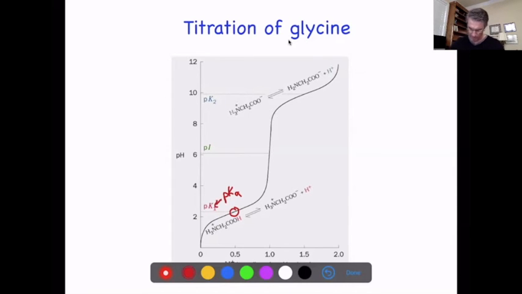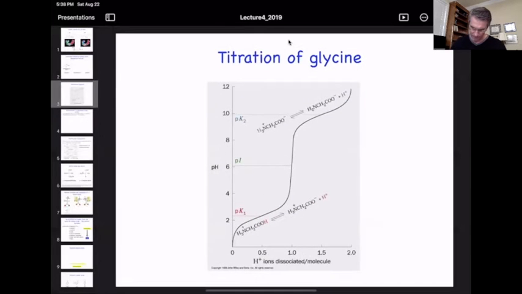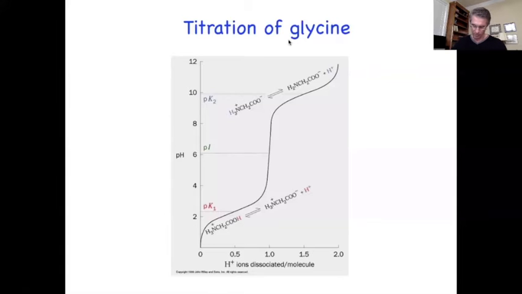Okay, we keep adding hydroxyl equivalents. The pH starts to take off again. We get outside the buffering capacity of that carboxylate group. We hit the point at which the zwitterionic form, the dual charge form of the amino acid, is present, right at the pI.